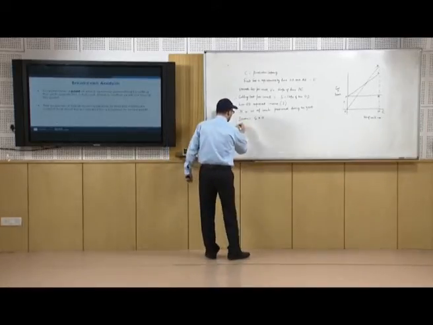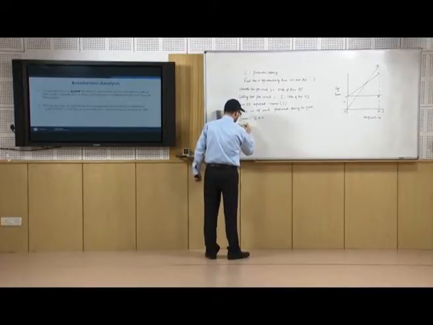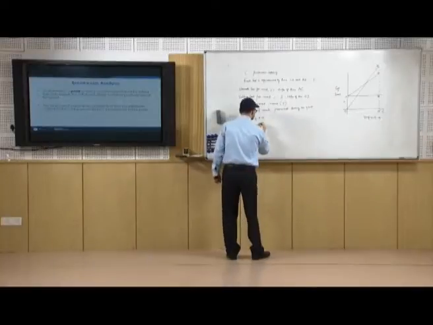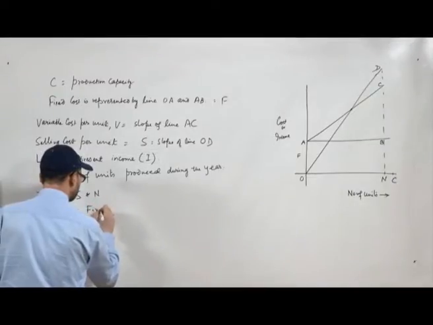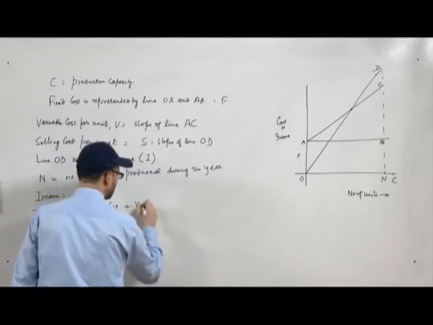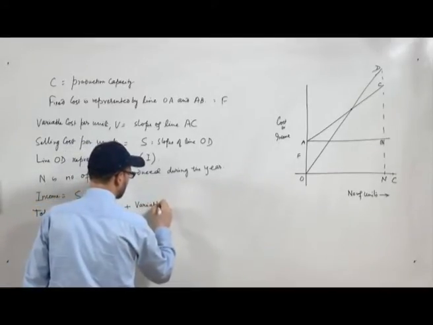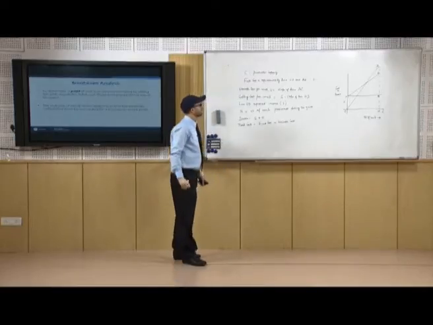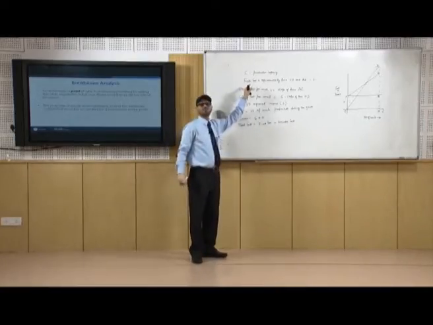Now, total cost will be fixed cost plus variable cost. So, fixed cost is for the whole year.